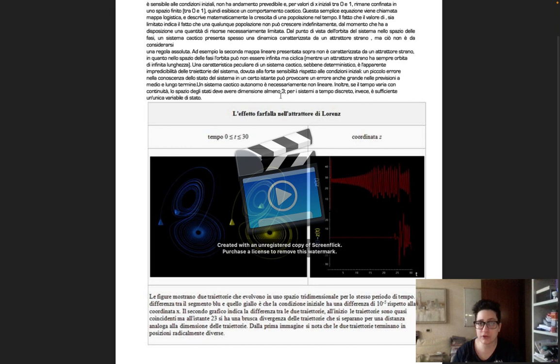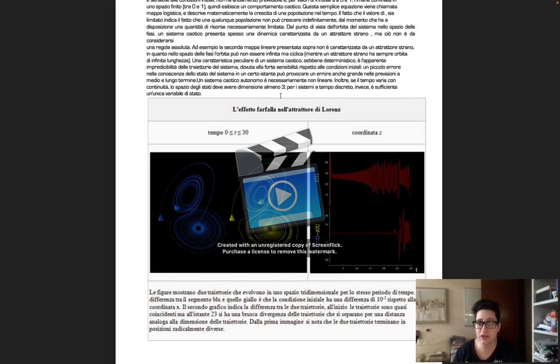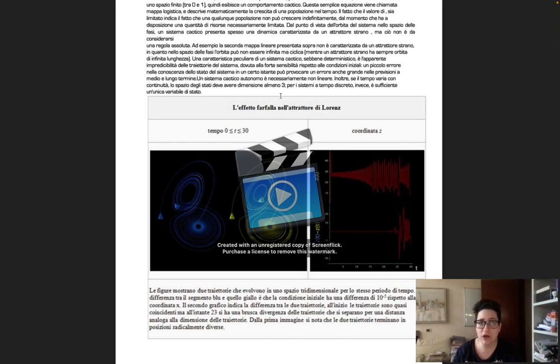So a peculiar characteristic of a chaotic system, even if it is not deterministic, is the apparent unpredictability of trajectories of the system, and this is due to the high sensitivity towards initial conditions.